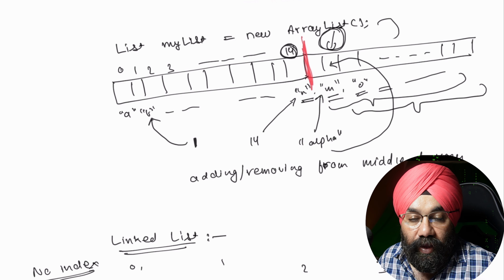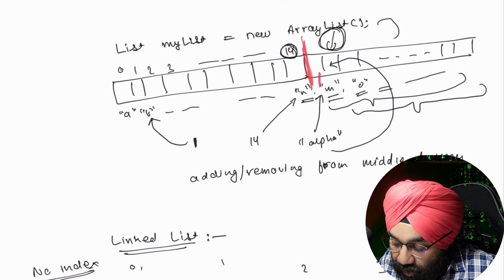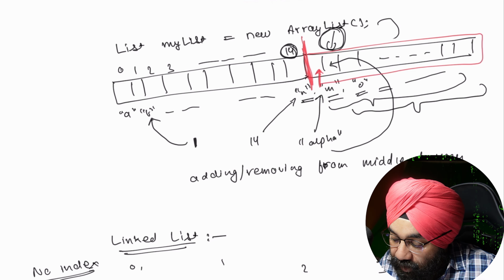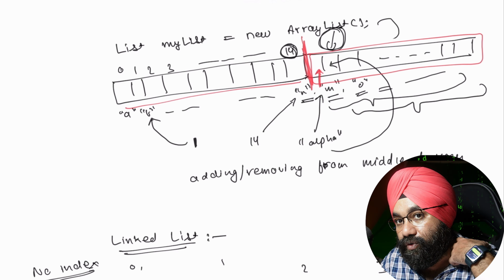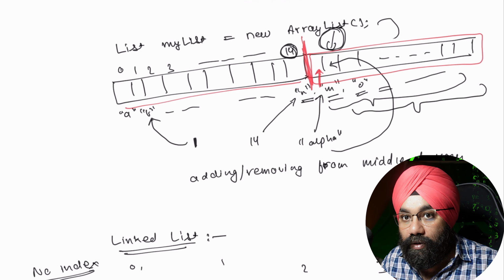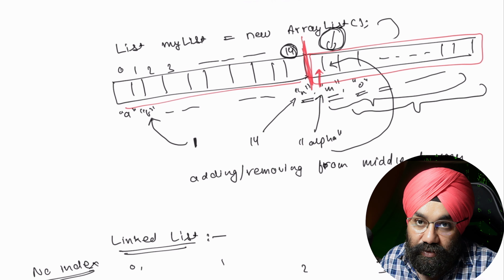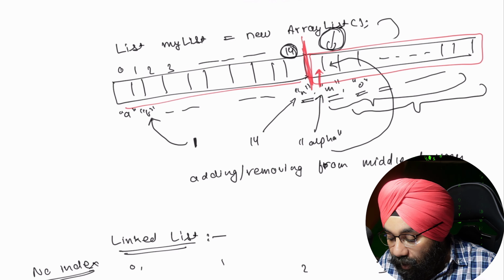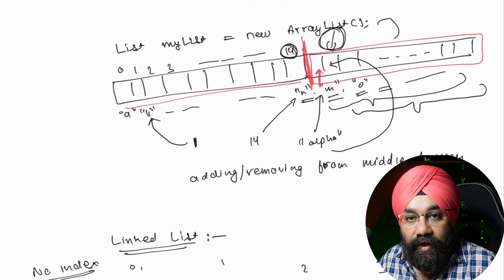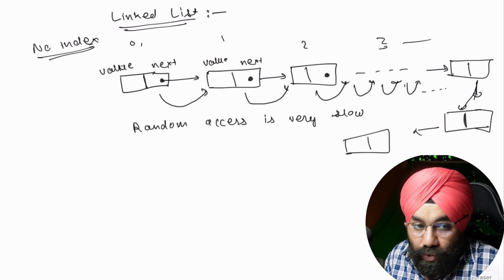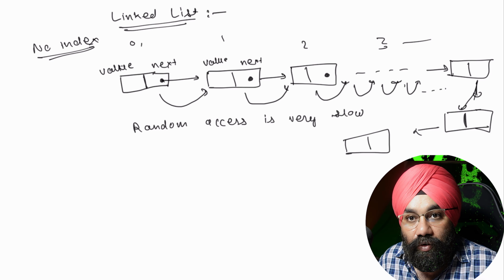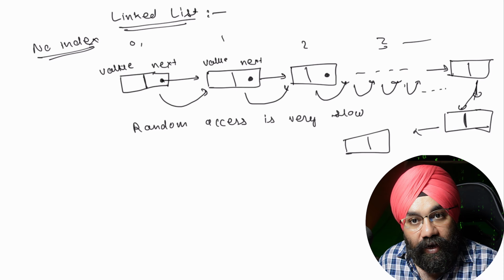The inbuilt array was here, and you wanted to add a new element at this position. So it will have to create a new array and attach it at the back of this original array. So this is a time-consuming process. The list has to increase its size so that you can add one more element. So adding an element at the end is not as fast in an array list, but it is quite fast in a linked list because it simply needs to create a node and attach it at the end.